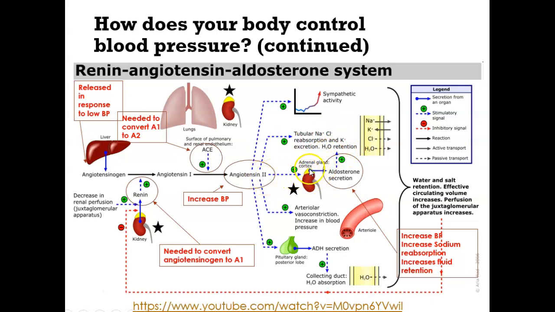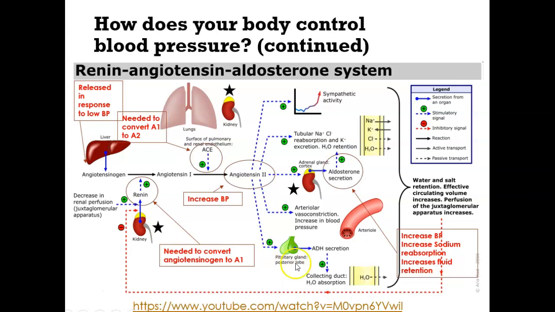It will act on the adrenal gland and create aldosterone, I don't think I said that very well. But that increases blood pressure because it increases sodium reabsorption, which increases fluid retention, which is going to increase your blood pressure. It also acts on the kidneys. Angiotensin 2 acts on the kidneys as a vasoconstrictor, which is going to increase blood pressure.